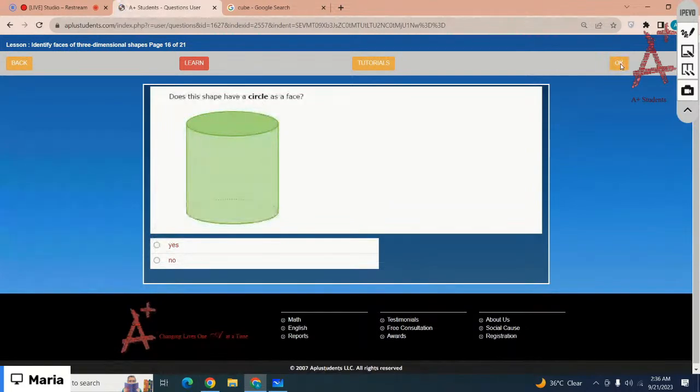Does this shape have a circle as a face? The correct option is yes.